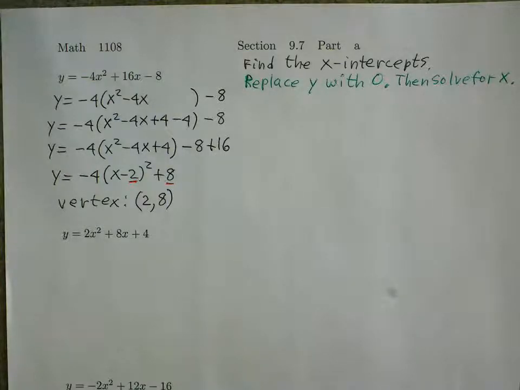We need one variable. Well, yeah, true, but why wouldn't I replace y with a different number? That would also give us one variable. If I replace y with 10, then I have just one variable. But why do we specifically replace y with 0 and then solve for x when we're trying to find the x-intercepts?